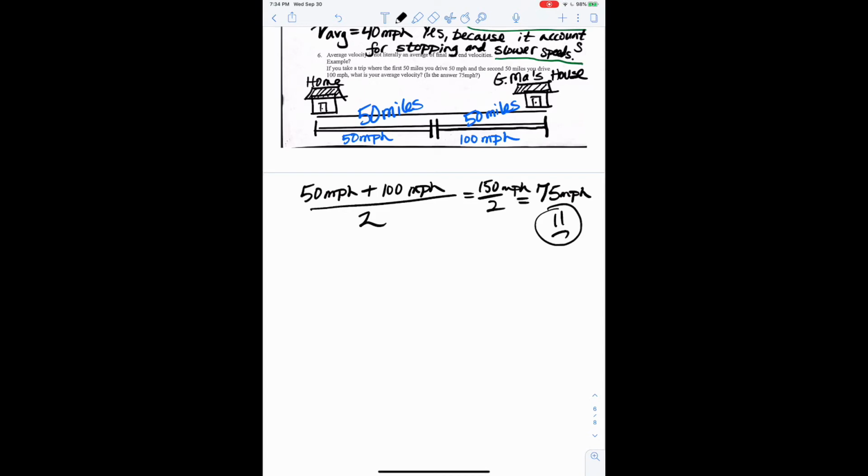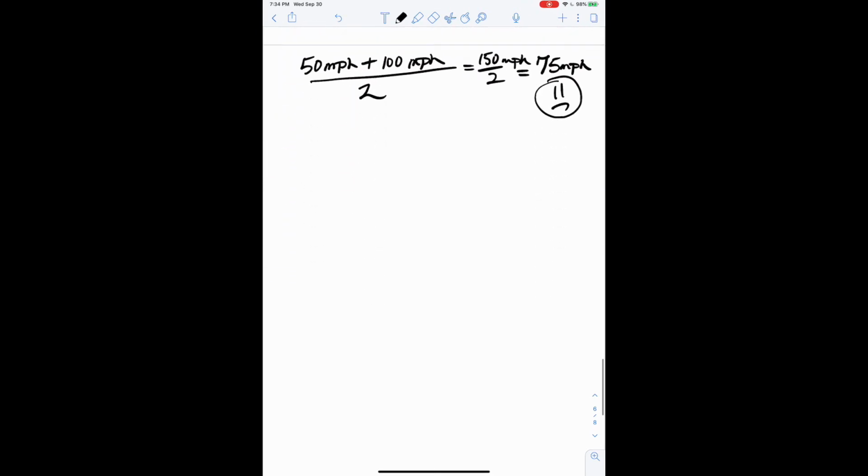Well, let's think about what our formula for average velocity was. It said V average is equal to delta x over t, right? So V average is equal to delta x, that would be xf minus xi, and then t, well, this is t total for the whole trip.